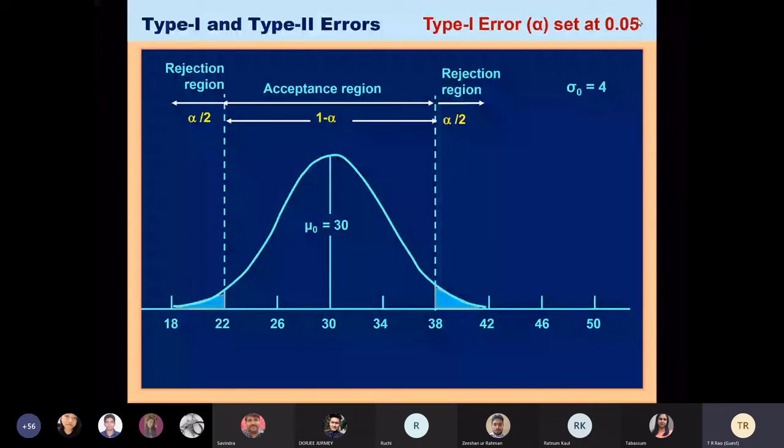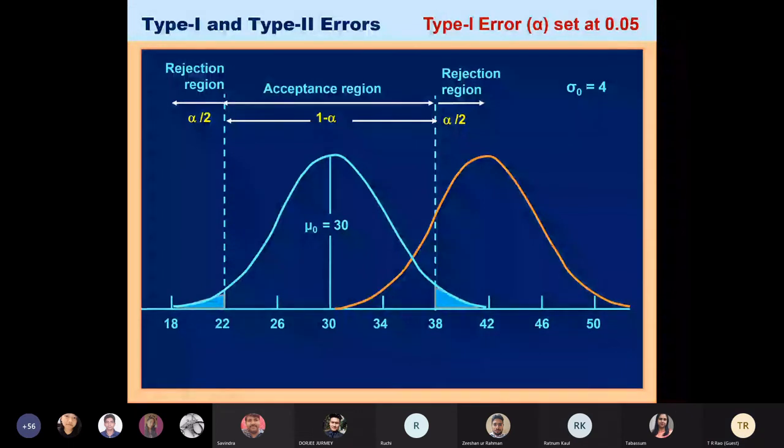Now, look at an alternate hypothesis. Why are we testing the alternate hypothesis? Because we want to find out, if the alternate hypothesis is true, we might be making a type 2 error, the beta error, right? We would like to see what the beta error is in terms of this graph. Now, this orange curve, which is the alternate hypothesis, we are proposing that the mean is actually 42, right?